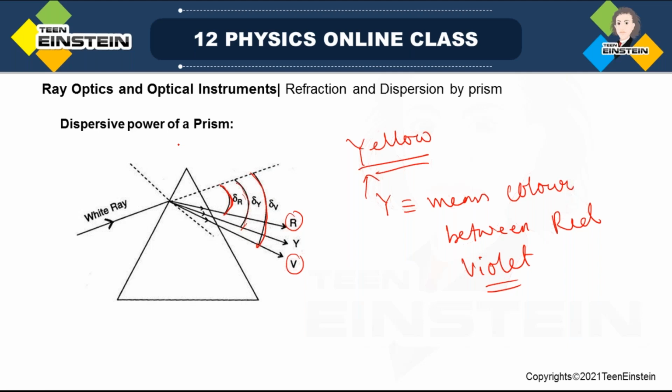See, the angular separation between the two extreme colors, violet and red, is called the angular dispersion. First of all, you need to know what angular dispersion is. Angular dispersion is the angular separation between the extreme two rays.